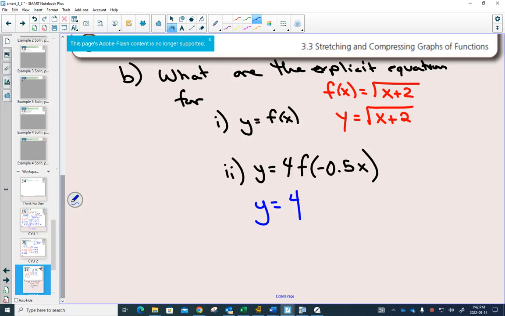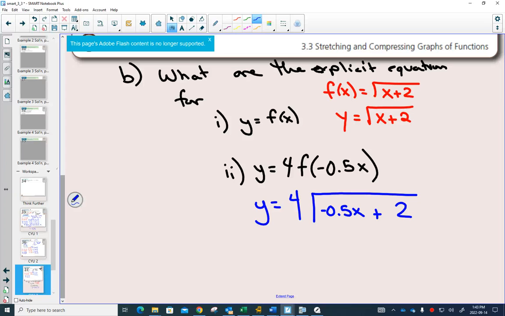My original function was the square root of x plus 2. But now, instead of writing the x, I now write negative 0.5x plus 2. And this would be the explicit equation of the blue graph.